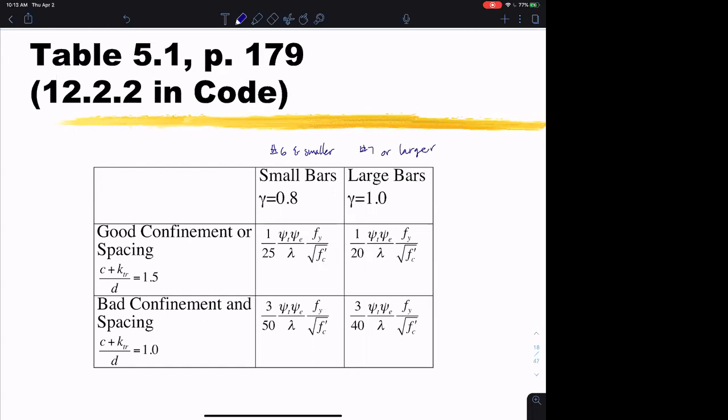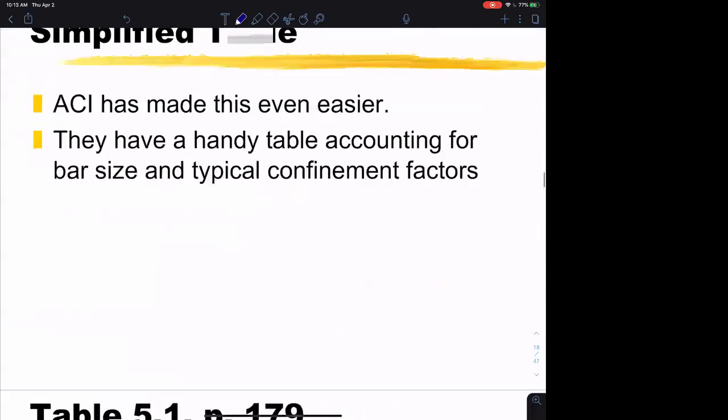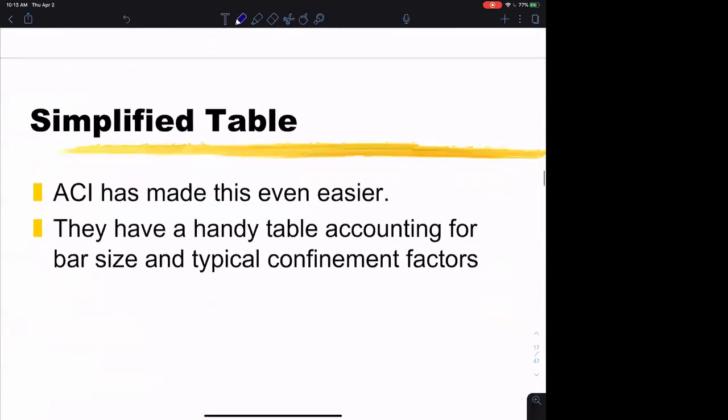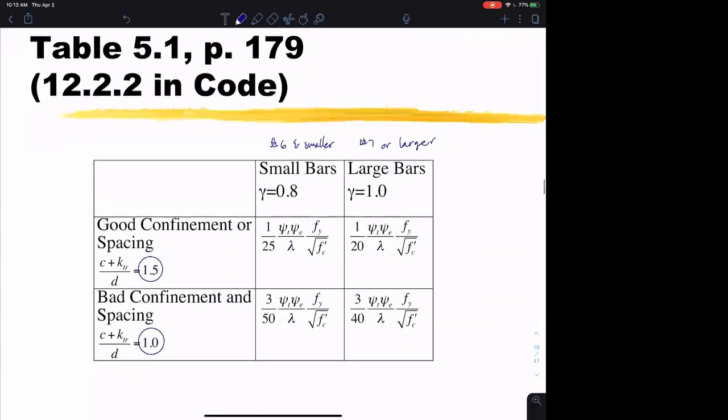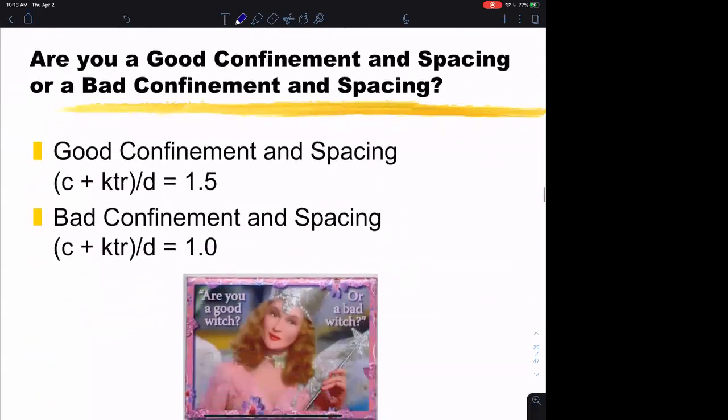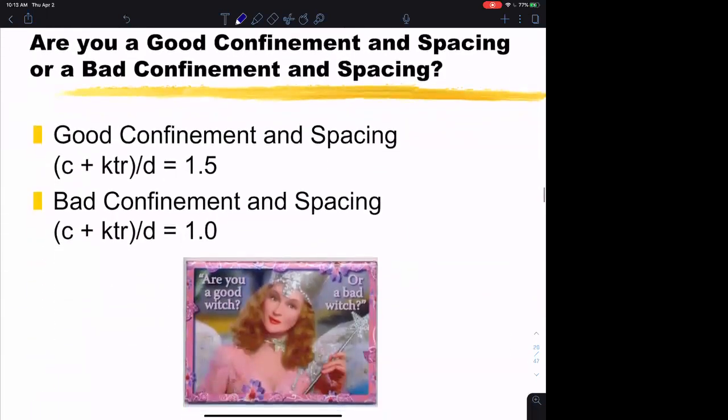But what is this good confinement or bad confinement? You can take this as 1 or 1.5. And I believe that 1.5, oh, it's not the upper limit. So are you good confinement and spacing or bad confinement and spacing?